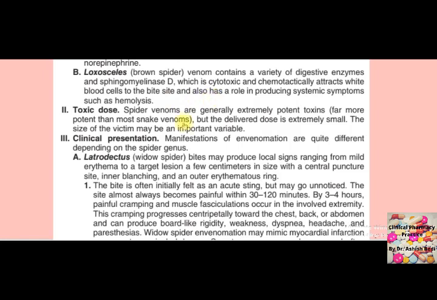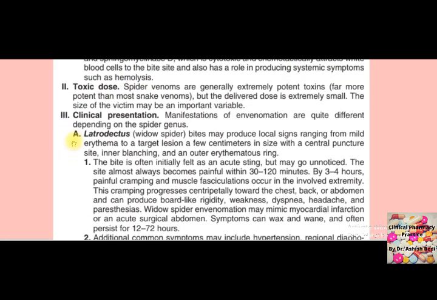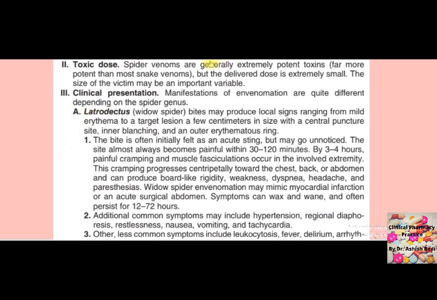The venom of the brown spider, Loxosceles, also has a role in producing systemic symptoms such as hemolysis. It causes hemolysis also.